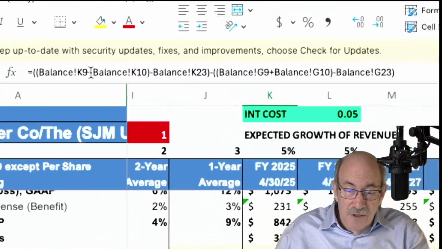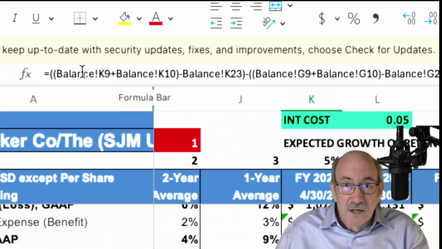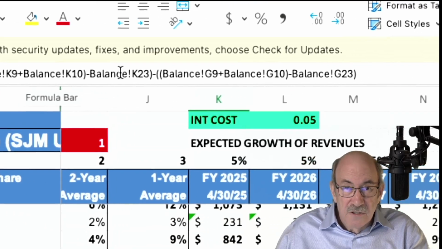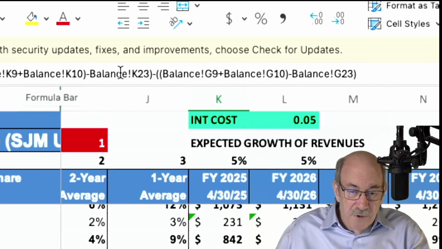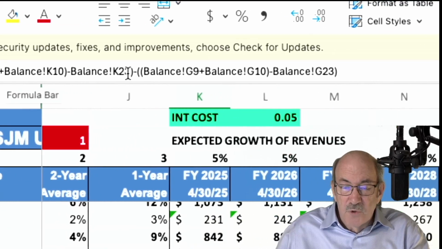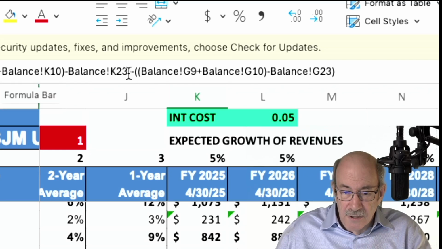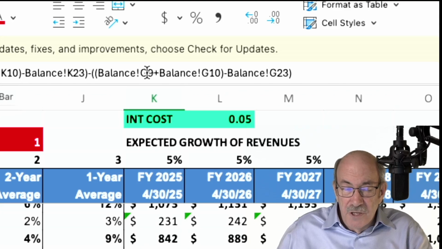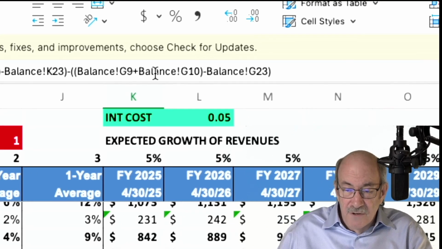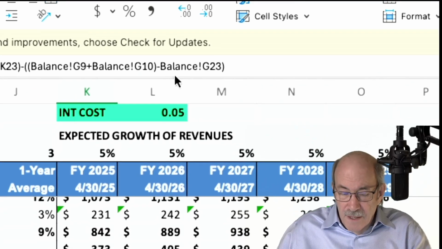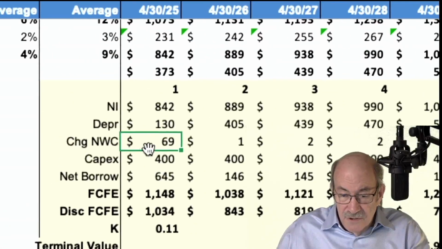Here's where I've taken the current assets, that's K9 plus K10, minus current liabilities, accounts payable, that's K23. And that is for the current year. And I've subtracted from that the prior year working capital, which is G9, the accounts receivable plus the inventory minus the accounts payable. And that figure turns out to be $69.